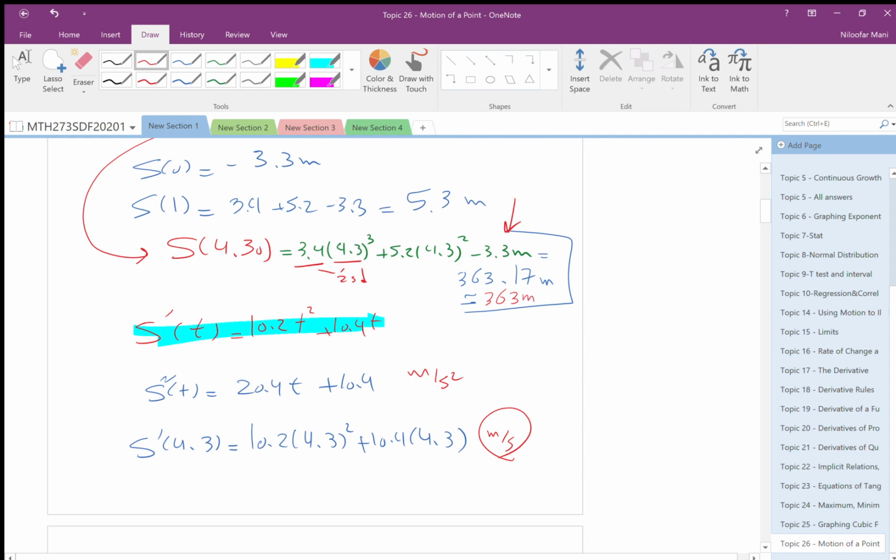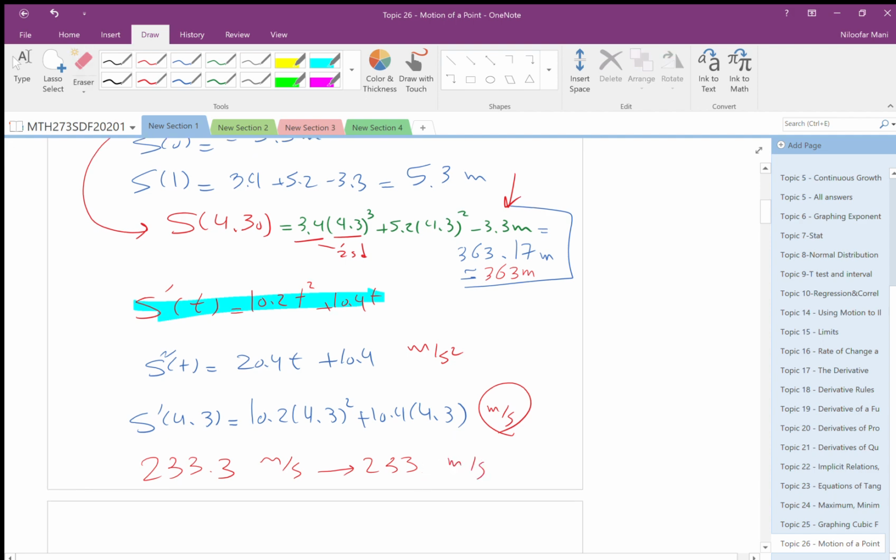And for velocity it was 3.3 I think meter per second, and we round to 3 meter per second.